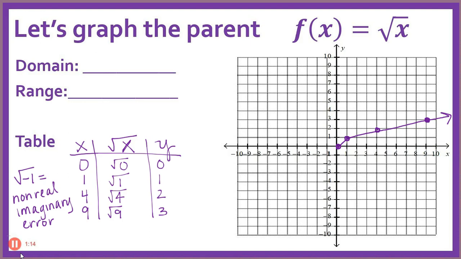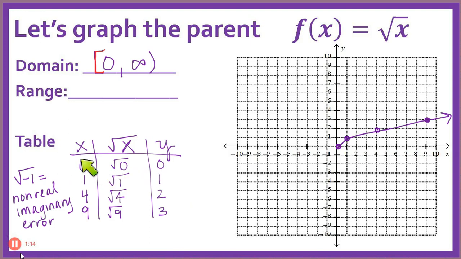Therefore, our domain is going to begin at 0 and end in infinity. Infinity always gets a parenthesis, but 0 is actually included, so we're going to put a bracket on that. The range, when we look at our y values, also begins at 0.